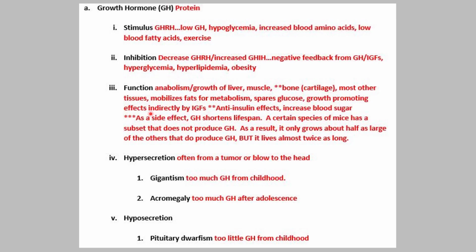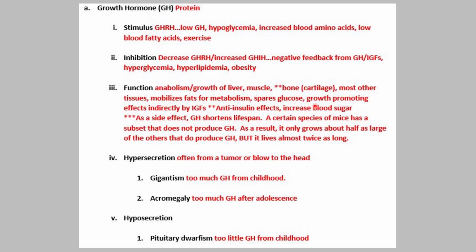Growth promoting effects indirectly by insulin-like growth factors. So one of the things that growth hormone does is it causes the liver and some other tissues to release insulin-like growth factors, which also cause growth effects. Another thing that growth hormone does is it has anti-insulin effects, which increases blood sugar.